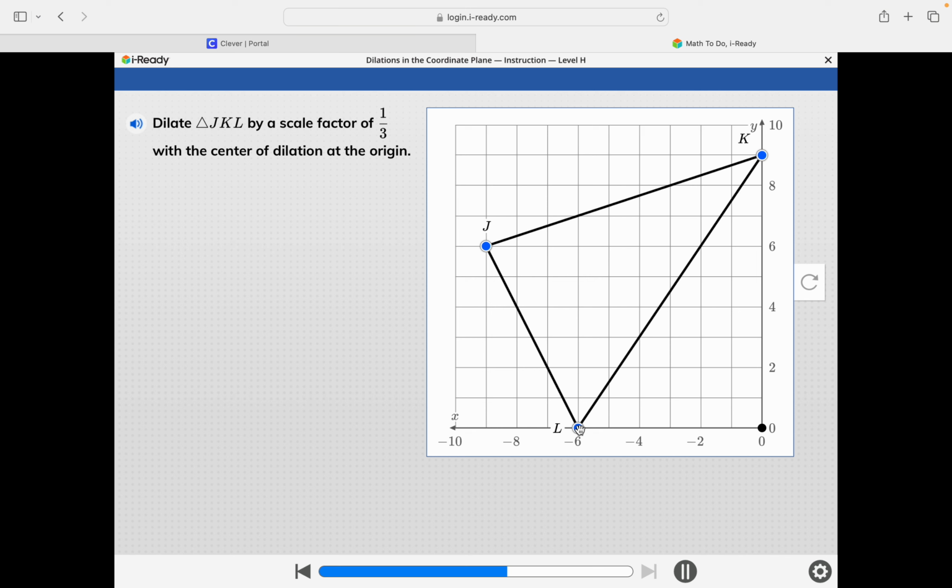Found X is negative 2. Now find the Y. Another one is 0. Okay. L prime Y factor equal to.